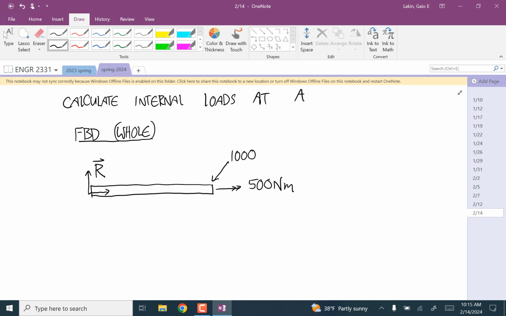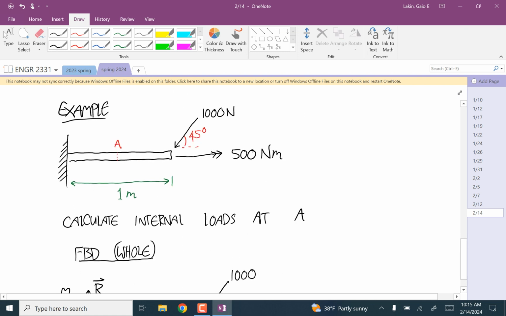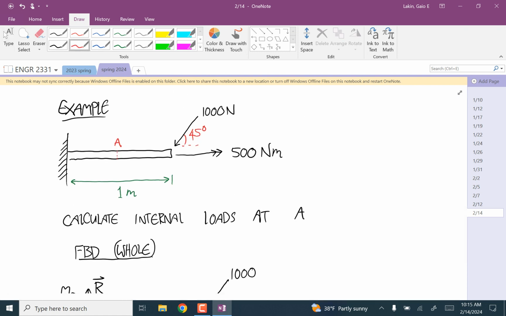Okay, so what moments are applied? There's still a moment like this. I'm going to call that M, R. I didn't give you a coordinate system, did I? So let's use a coordinate system with X along the beam, Y-axis up.